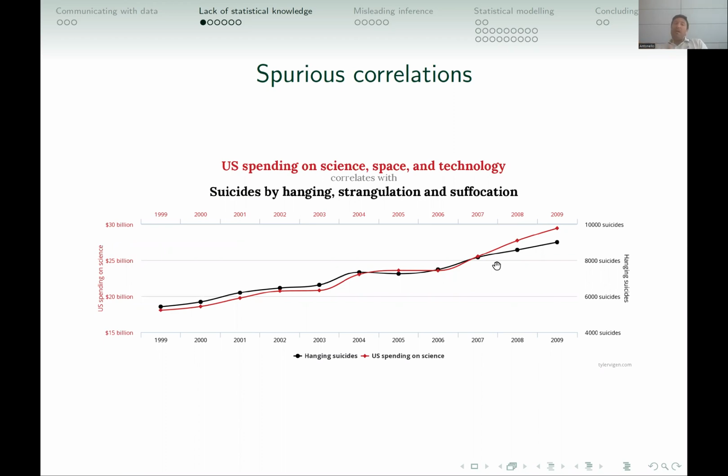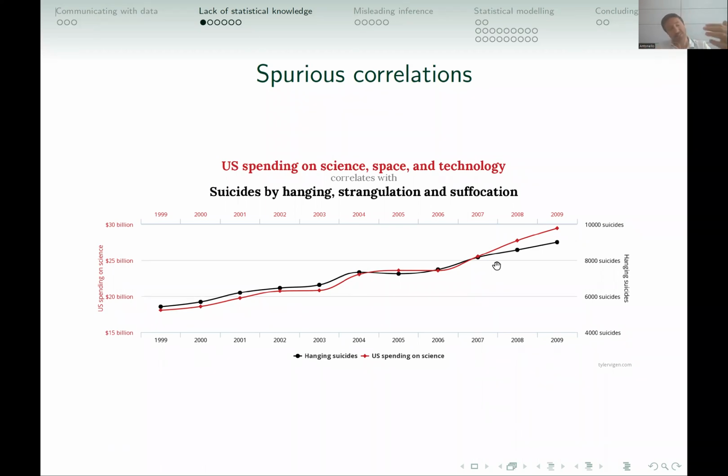Every time we analyze data, we don't have to trust the data blindly, because sometimes the data are telling us a story which is unreliable. There is a famous book, you can find it on the web, called Spurious Correlations. It's plenty of examples like this one. If we look at the two time series, the red and the black, they are pretty much the same.